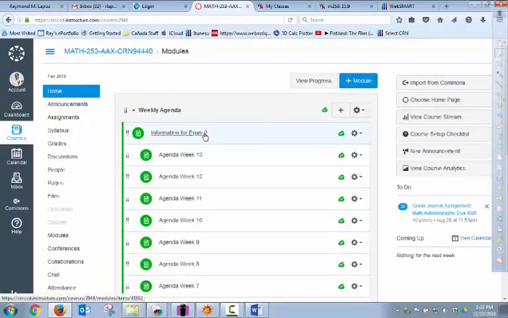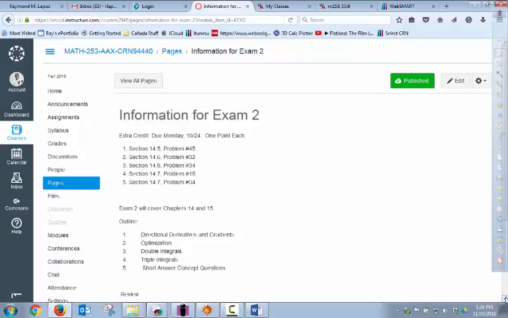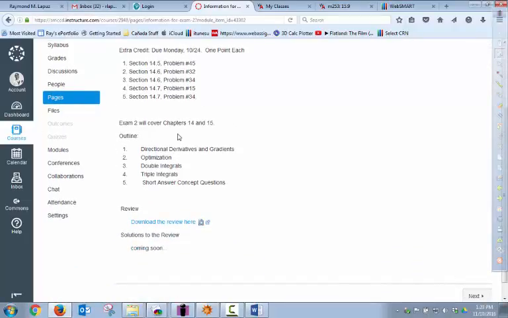Information for the exam is up here, and I don't know if you guys downloaded the review. But we are looking at 5 problems on this exam. So the first problem will be on directional derivatives and gradients. Remember there are certain rules and certain properties of the gradient that you should know.